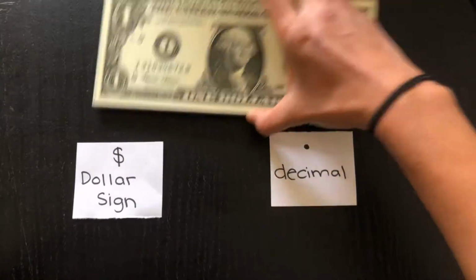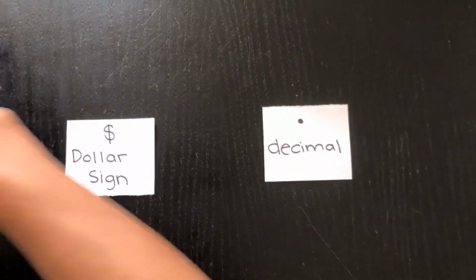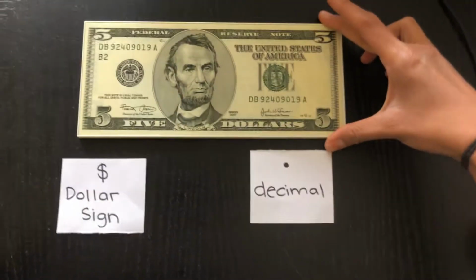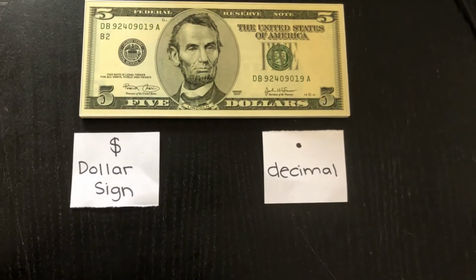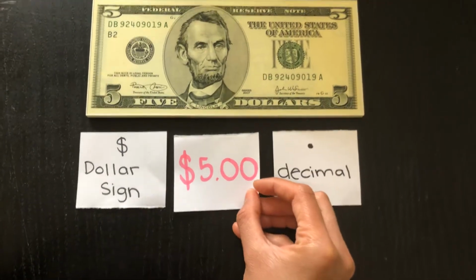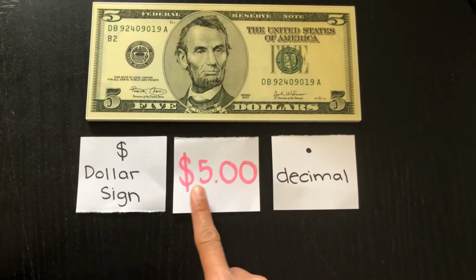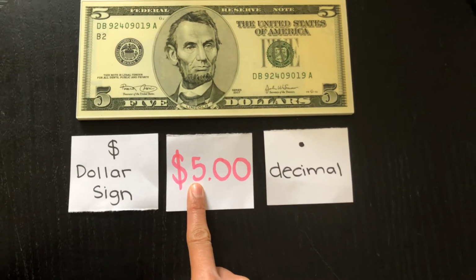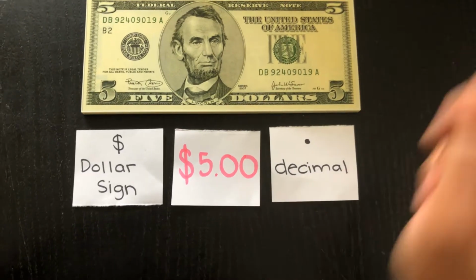After our $1 bill, we have our $5 bill. The $5 bill will look like this. Here's the number 5 in each corner. Dollar sign, number 5, decimal with 0 cents. $5.